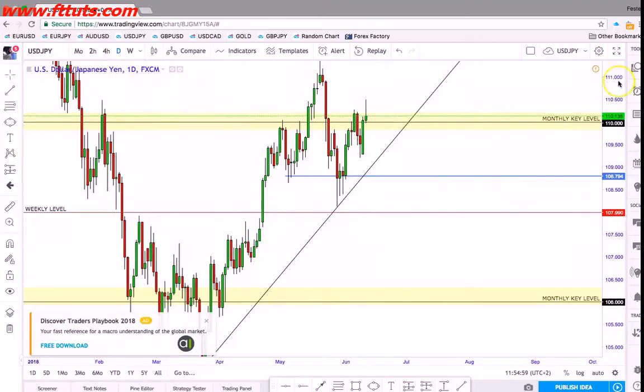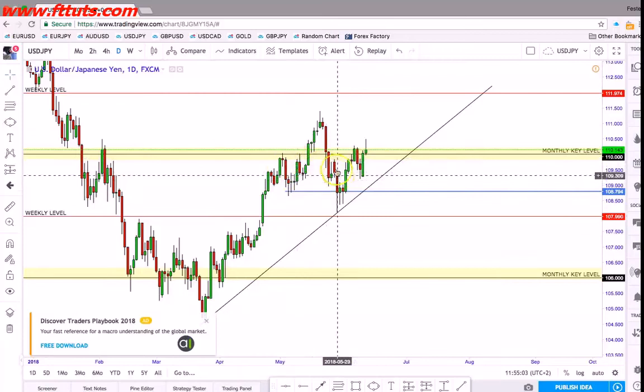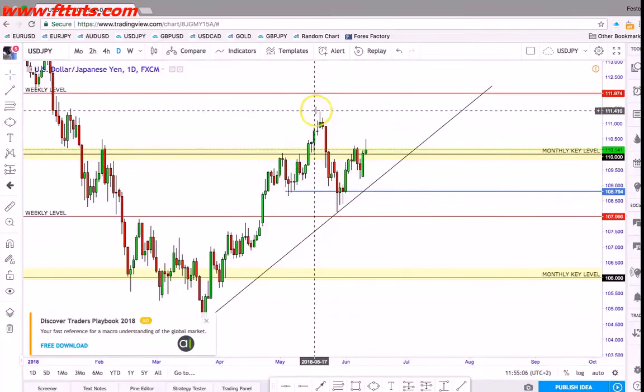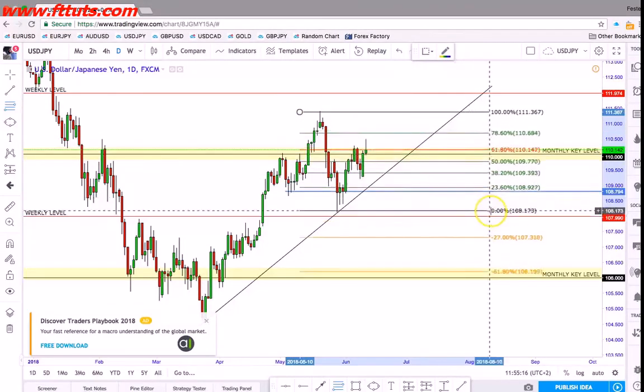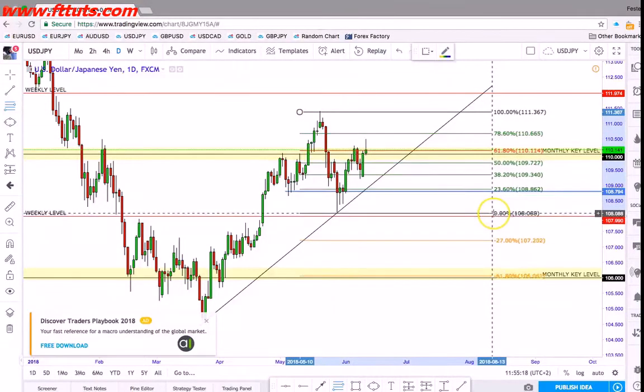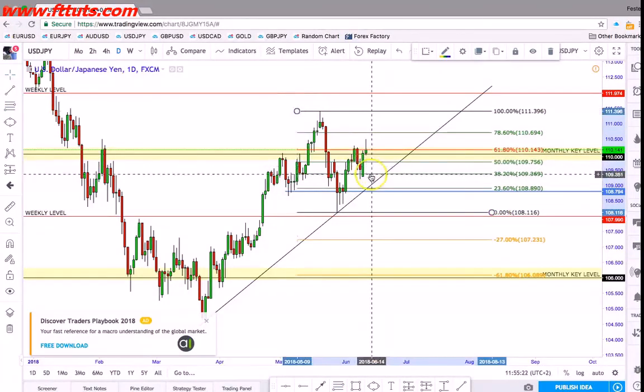Remember, we haven't touched the 4 hour time frame yet. So if you're trading the daily time frame, and I'm talking about swing trades, because if you trade on the daily time frame, you take profit every few weeks, then you would draw your fibs from A to B, like that, right?